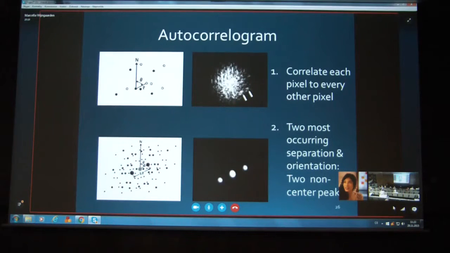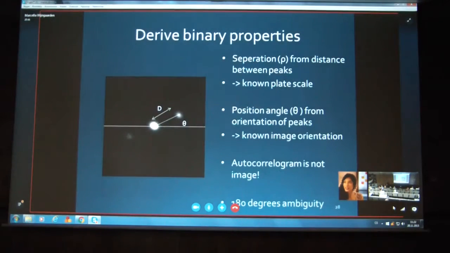Okay, so how do we derive binary properties from this diagram? The separation between the two peaks, so one on the side and the middle peak, is that of the binary, but then in pixel space. So we have to convert it to, for example, arcseconds, and then we need to know the plate scale of the system.